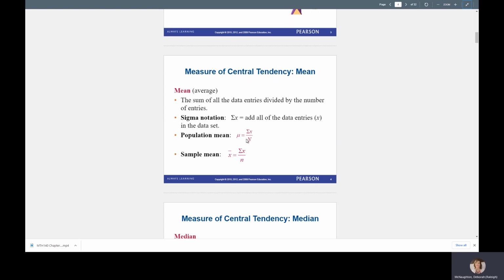So again, the population mean is basically the same formula. The population mean is represented by mu, and it's the sum of the x's over the number in the population. For the sample, it's represented by x bar, and it's the sum of the data values divided by the number in the sample.